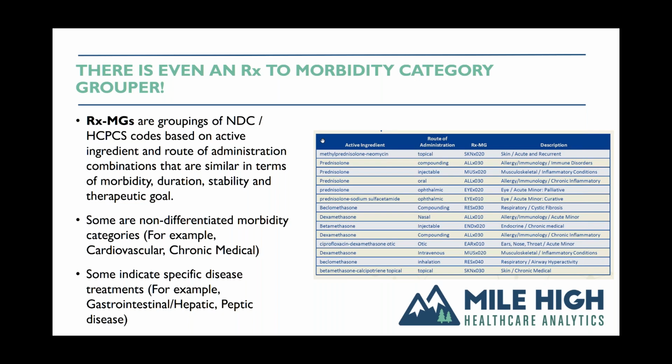So the assignments of these drugs go to broader categories than to specific diseases. In contrast, if you're categorizing insulin or a lot of the diabetic oral hypoglycemics, those usually map pretty cleanly to a diabetes category. So the RxMGs are interesting both for the disease specificity of some of the codes and the more condition specificity for medications that do not map to specific diseases.